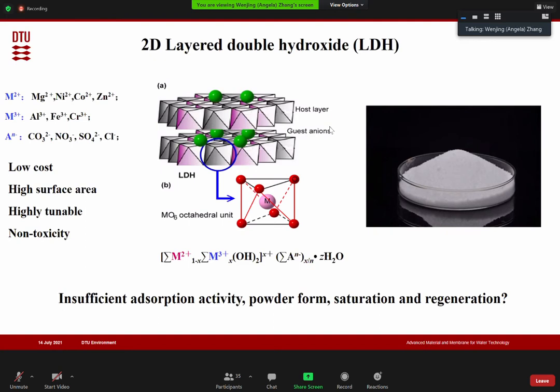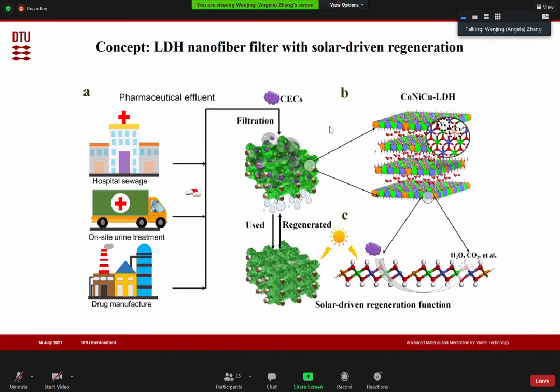Or some people just try to dump it into the landfill, and then additional pollution might happen as well. So our concept here is, first, can we make it better? By some doping of the LDH, we want to enhance the absorption capacity of this 2D LDH. And second, we want to immobilize it.